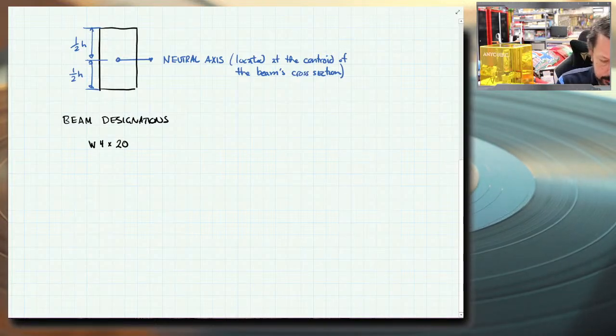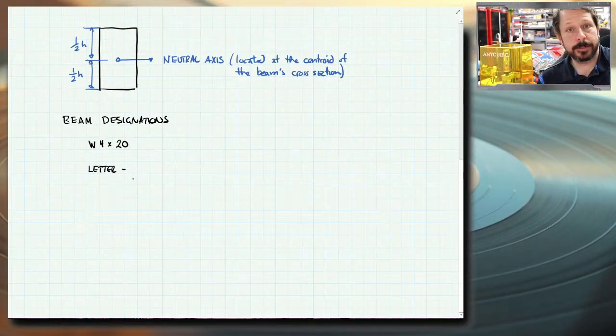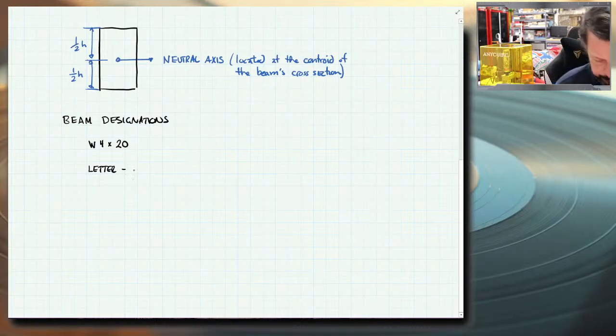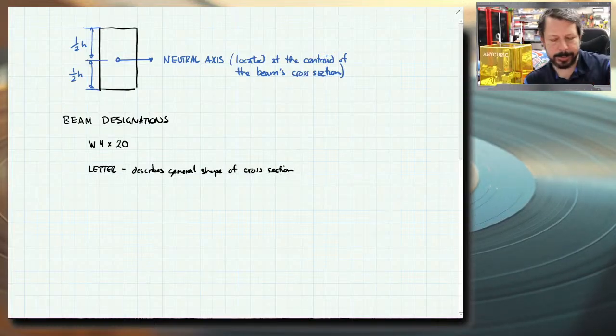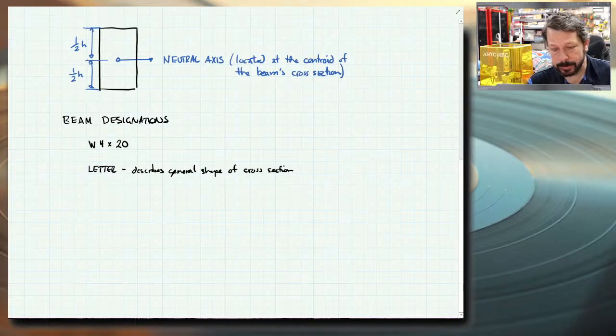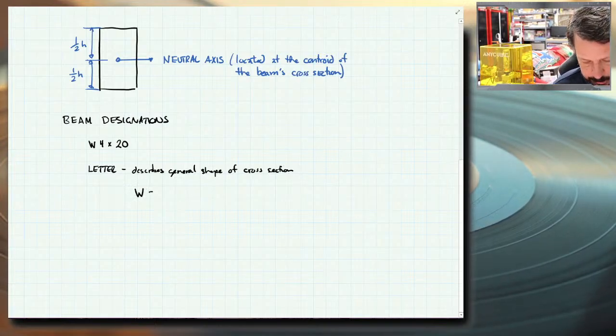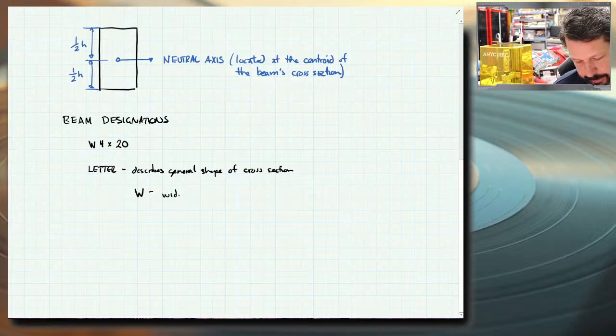The letter, the W in this case, describes the cross-sectional shape, the general shape. A W beam does not actually look like a W. W stands for a wide flanged I-beam.